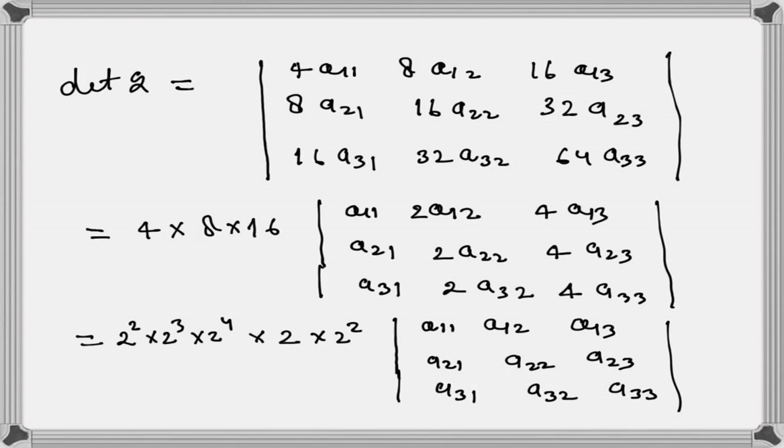This is the determinant of P. So this equals 2 to the power 12 into the determinant of P, and we know that the determinant of P is 2. So the determinant of Q is 2 to the power 12 into 2, which equals 2 to the power 13. So this is the final answer.